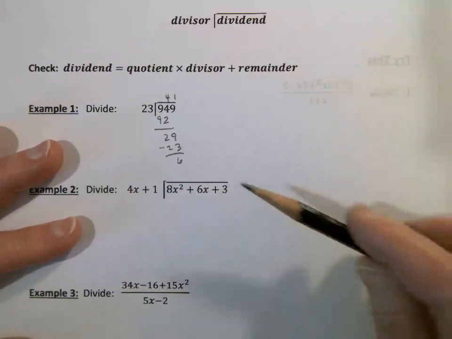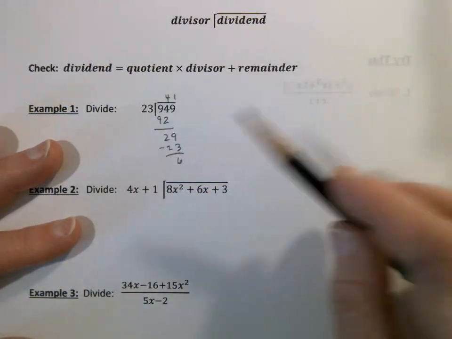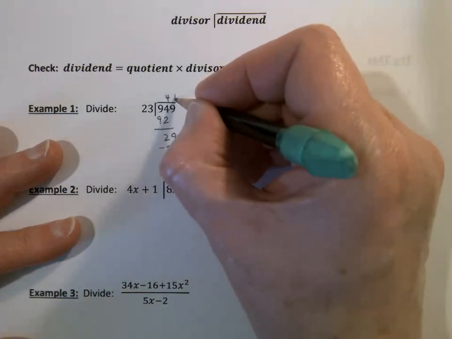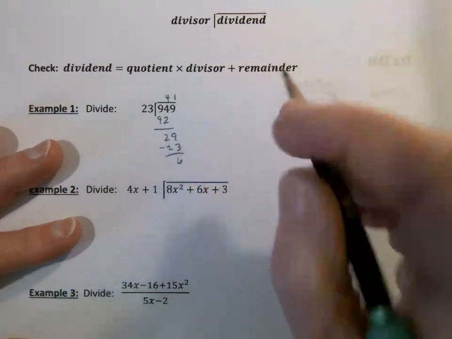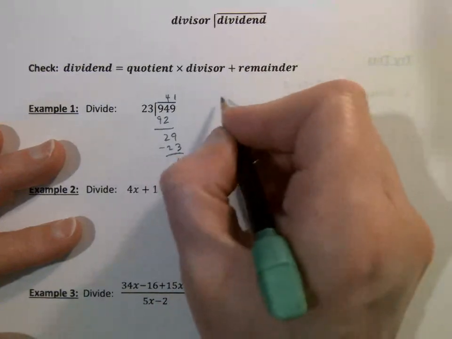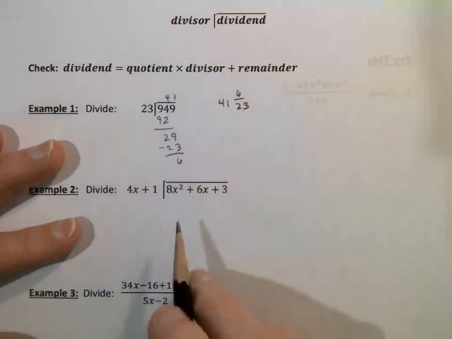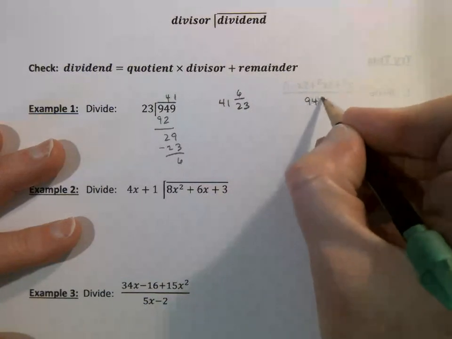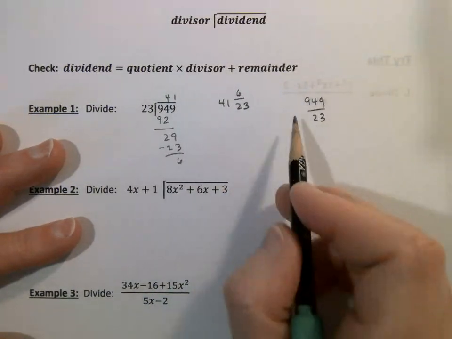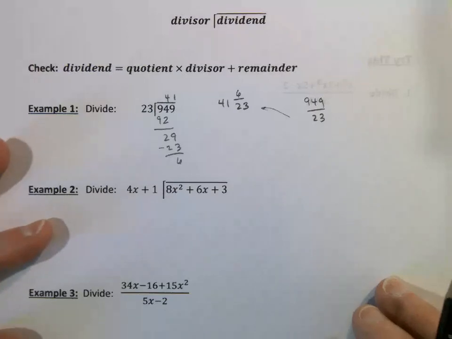Now, if this were a decimal, we would just keep going. If we were little kids, we would put our big R and write 6. But really it's 41 and 6/23. Think of it as 949 over 23, and all we've done is change it to a mixed number.